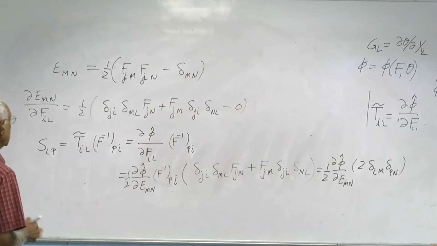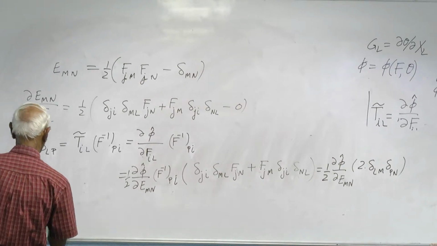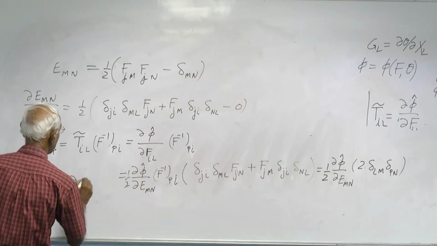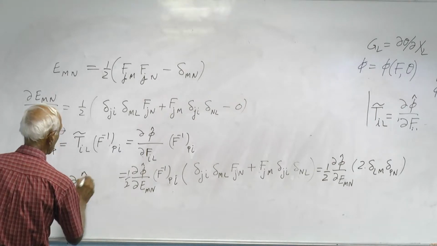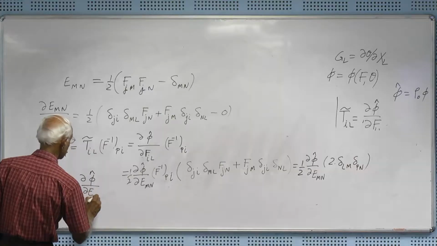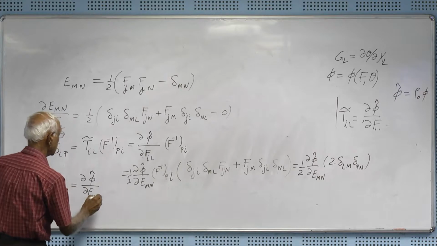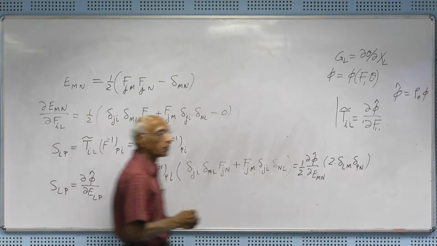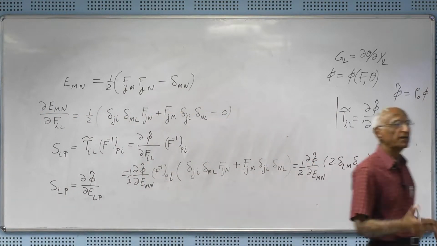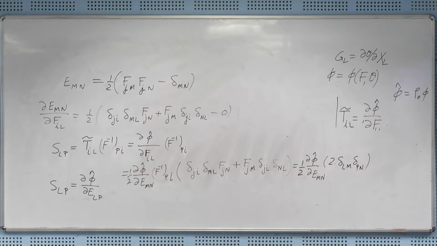So what we are getting then is S LP equals delta phi hat over delta E LP. So phi, the Helmholtz free energy as a function of E, serves as a potential for the second Piola-Kirchhoff stress tensor. You don't like it?